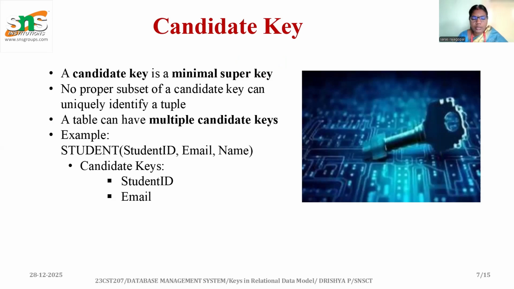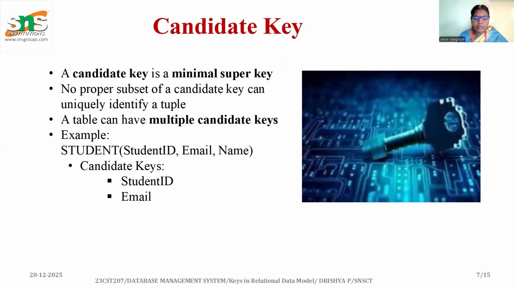In that collection of keys, we have to minimize the key. That type of key is called a candidate key. It is a minimal super key. It is not a proper subset of another candidate key. It also uniquely identifies a tuple.